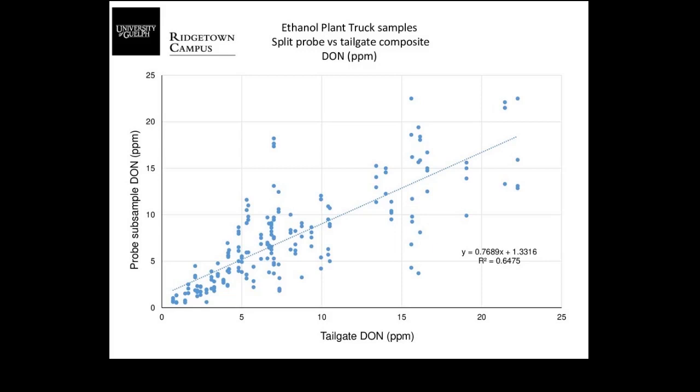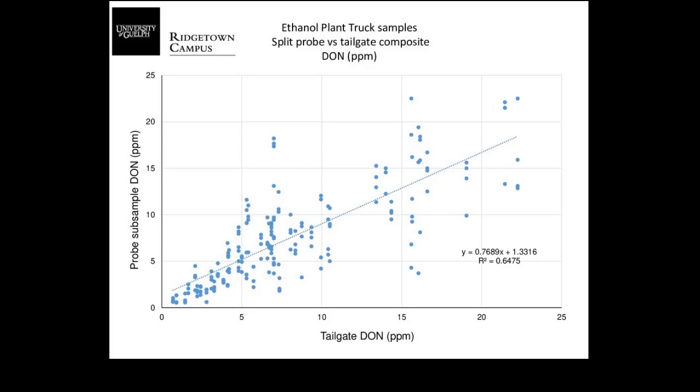And what we did is we stood behind the truck or collected from underneath the truck a grain sample, a little dipper cup going into the stream during the whole unloading of the truck. And then we ended up with about a 5-gallon pail of grain. We ground that whole 5-gallon pail with a coarse grinder, mixed it really well, and then we took a subsample and finely ground it, and then ran our test.